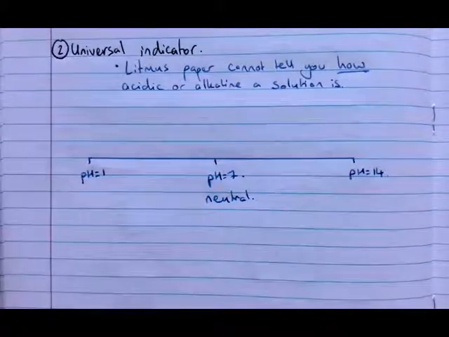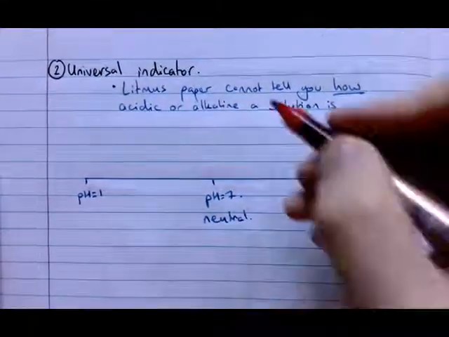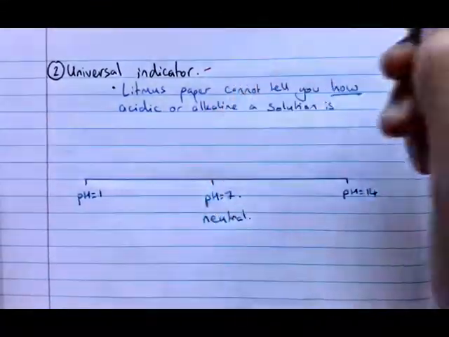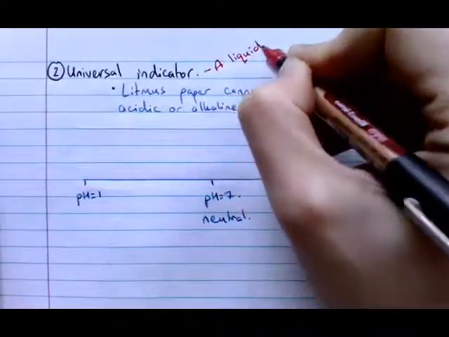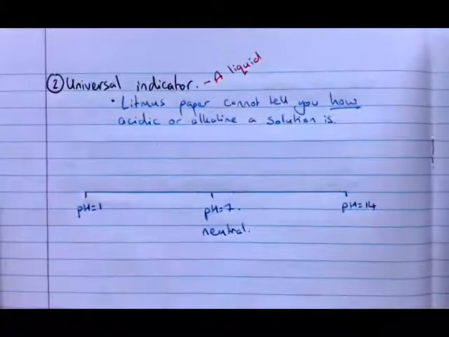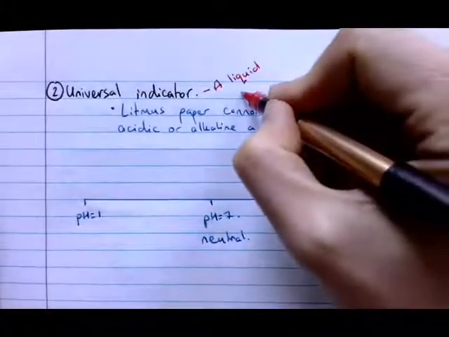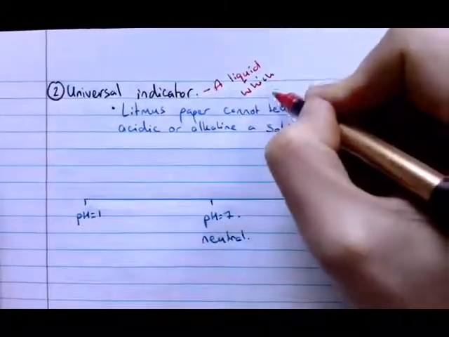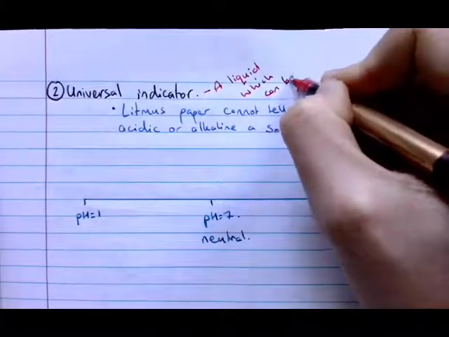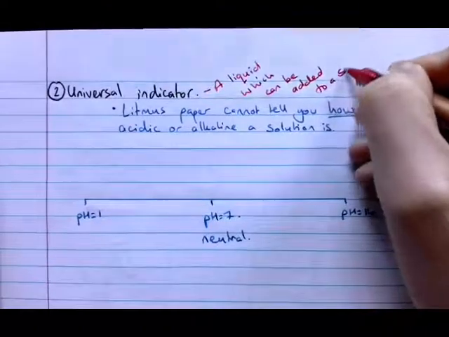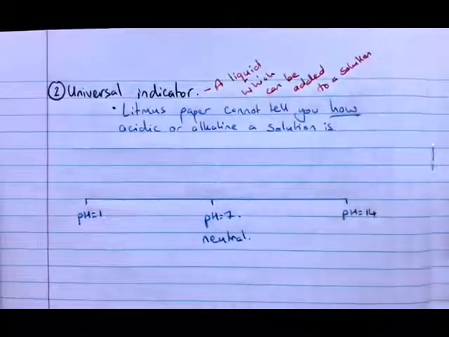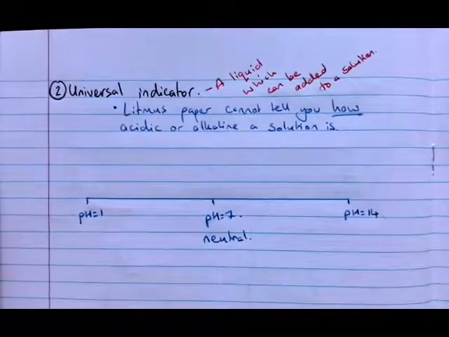All right, so universal indicator, sorry, I should just mention, it's a liquid which can be added to a solution. All right, so it's a liquid you add to your solution.